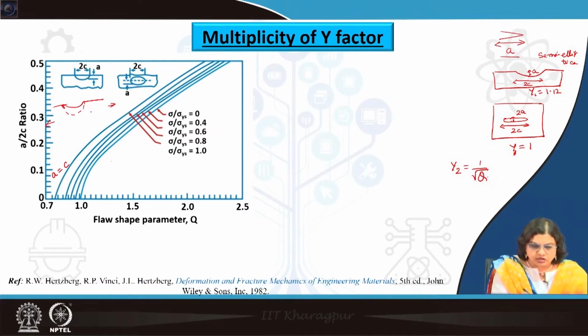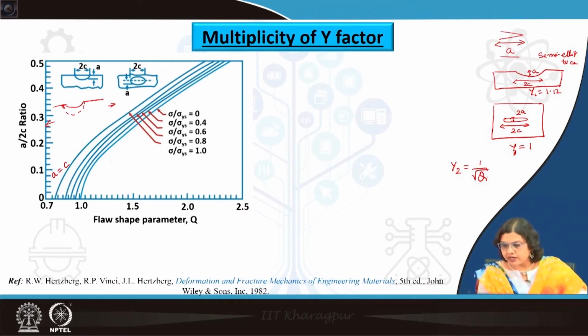So, this leads to a spherical or a circular shape, and this is for the energy balance, anything tends to attain the spherical or the circular shape. So, for that we are getting the value of q as 2.47. You can see this has been experimentally validated also, for this ratio of a by 2c close to 0.5, we are getting a value of something close to 2.5, something like 2.47 to be more specific. So, that makes 1 by root q equivalent to 2 by pi.